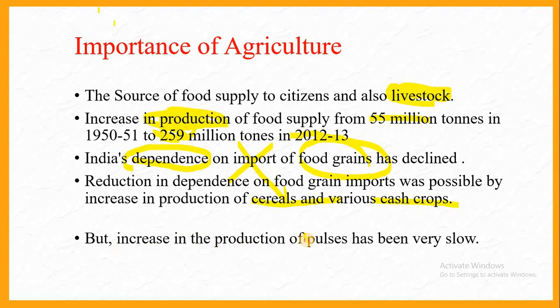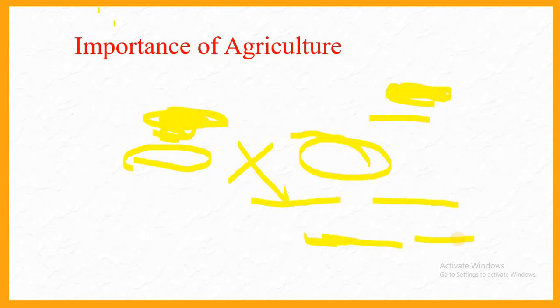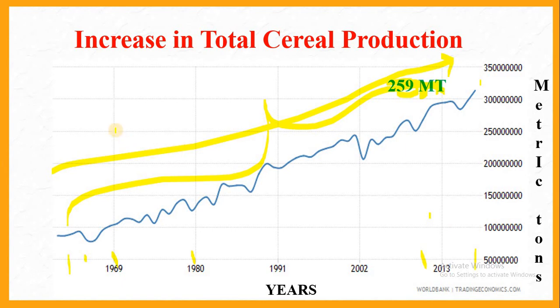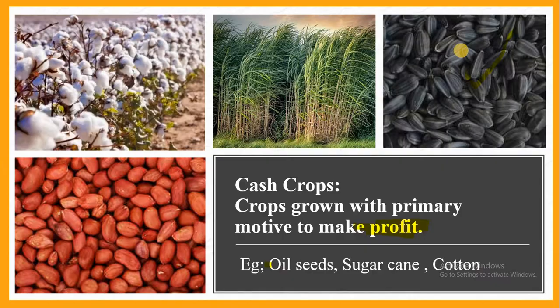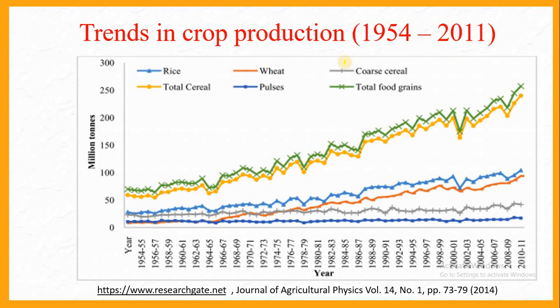But the downside is that pulses production has been very slow. See, cereal production, you can see here, has been very fast. But what about pulses production? It is very, very slow. See, pulses are indicated in the blue line. See the pulse production here. That is the lowest among all other food crops. It has grown very, very slowly. But look at cereal production. See, total cereal is indicated in yellow.